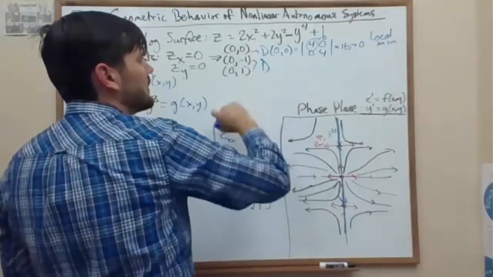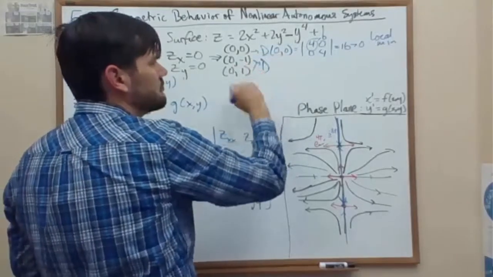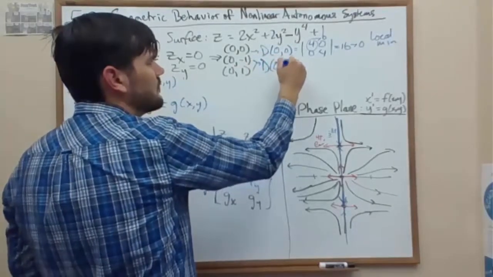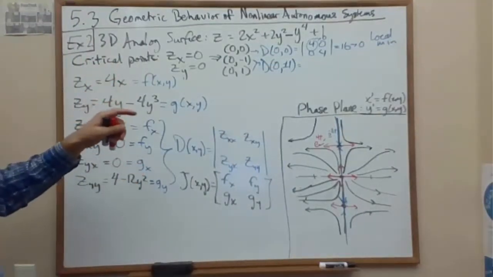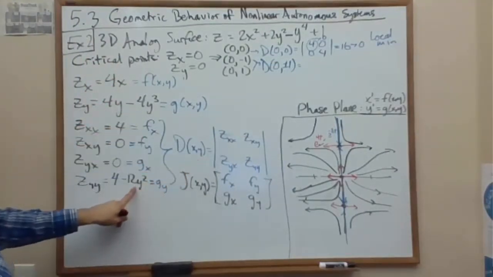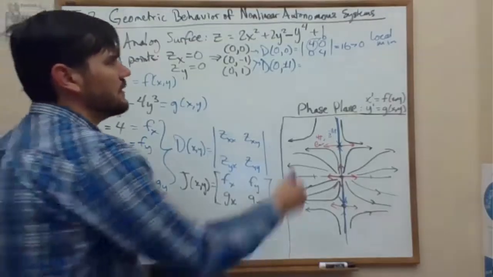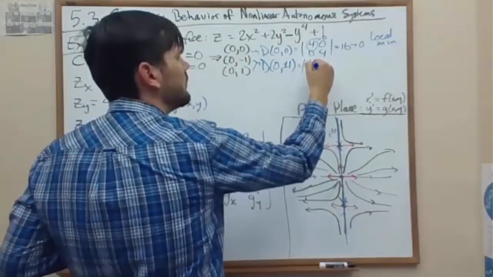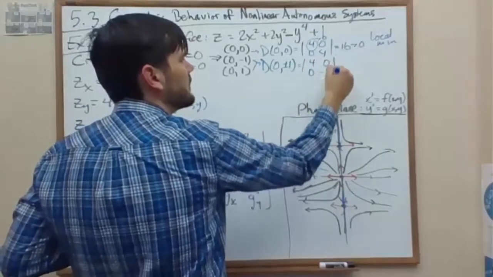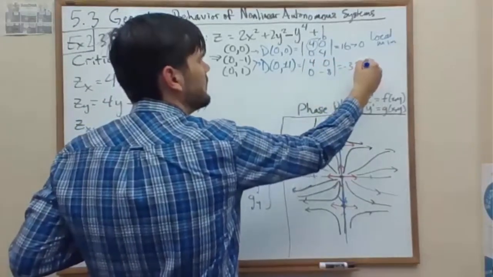The discriminant at the two other points is the same, because plus or minus 1 squared here will give us the same value. And so we have the determinant of 4, 0, 0, negative 8, giving us a negative 32.